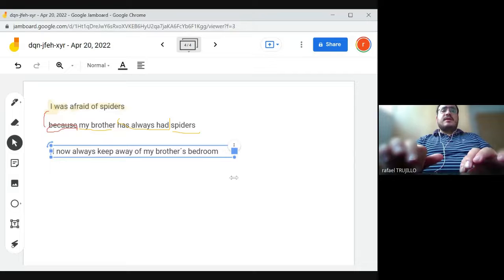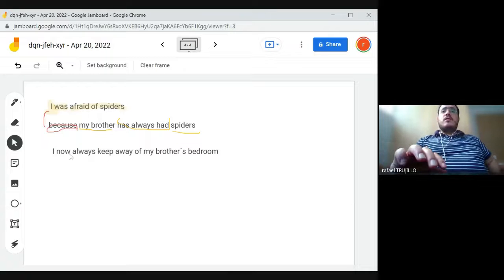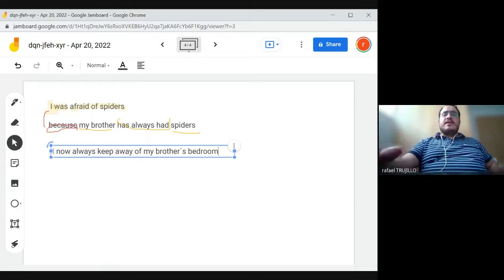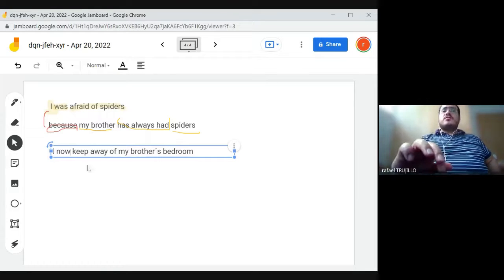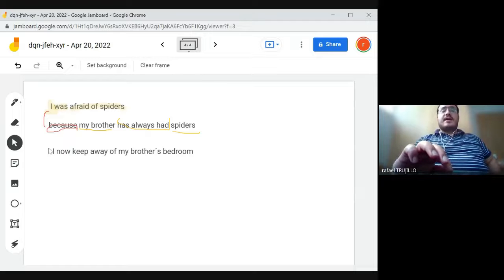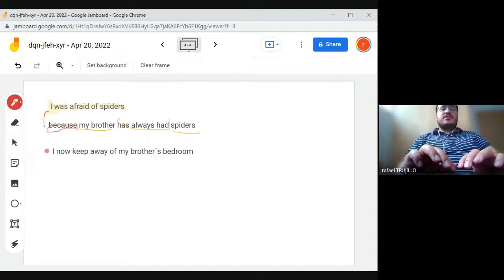See? I now always, or if you don't want to make it so high, so illustrative, I now keep away of my brother's bedroom. I have another sentence.